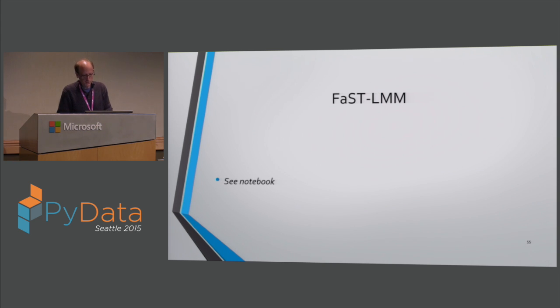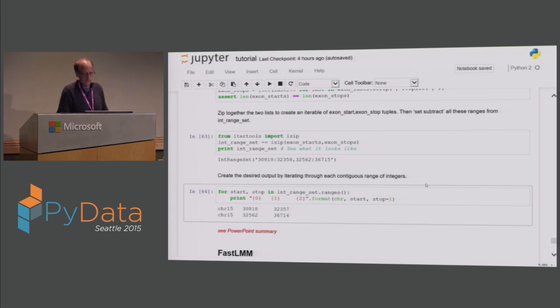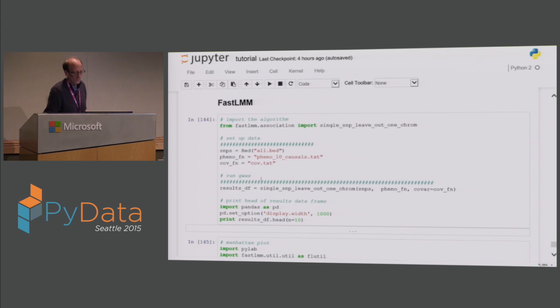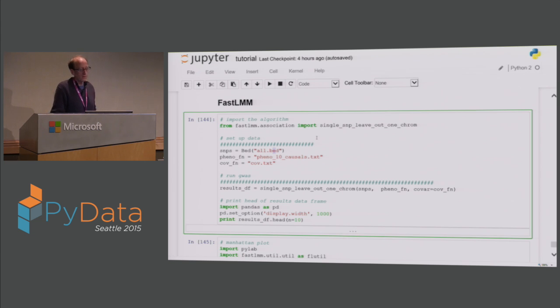So we can actually run FaST-LMM on the same data that we've been playing with. We read that same data set we've been reading over and over again. We read a phenotype file. In this case, it's just a string because this version of FaST-LMM doesn't use my pheno reader yet.